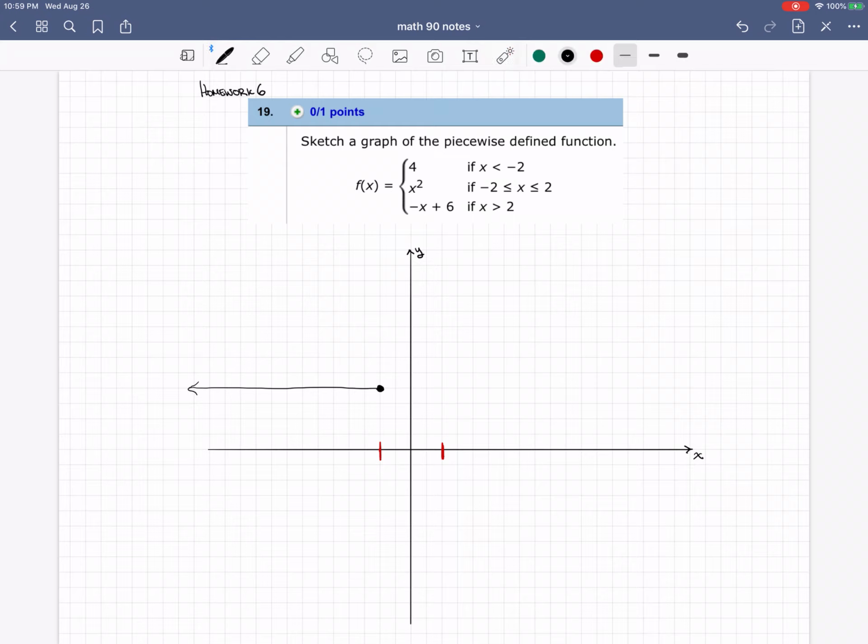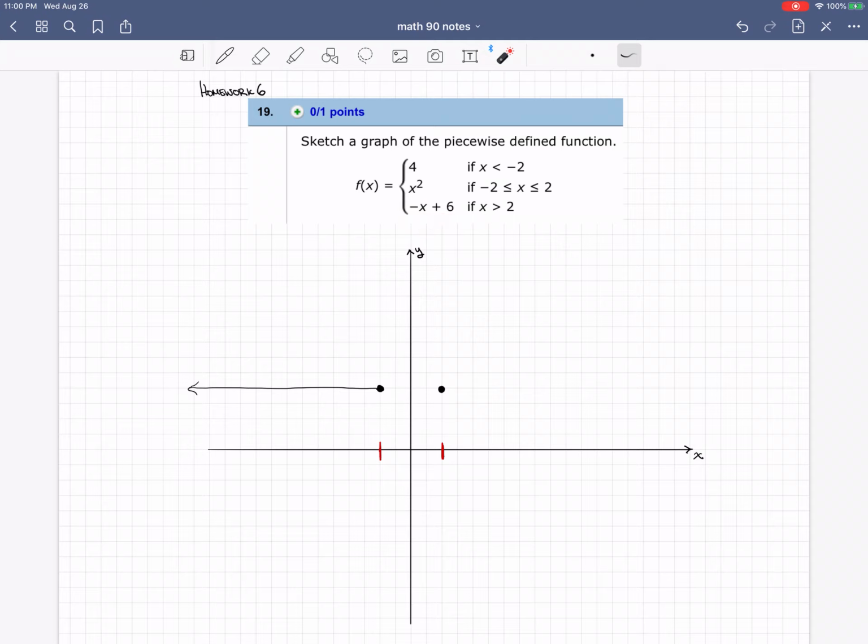So at 2, you are having the x squared and the -x plus 6 pieces butt up. When x is equal to 2, the function behaves like x squared. You'll notice that this is a non-strict inequality. If you take 2 and square it, you get 4. So you have a filled in point there from the x squared. Now, -x plus 6 is your last piece.